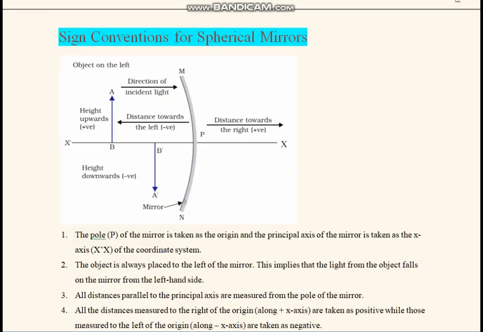After the discussion on convex mirrors, let us learn another important concept, that is the sign conventions used in the case of spherical mirrors. These sign conventions are equally applicable to a convex mirror as well as to a concave mirror.